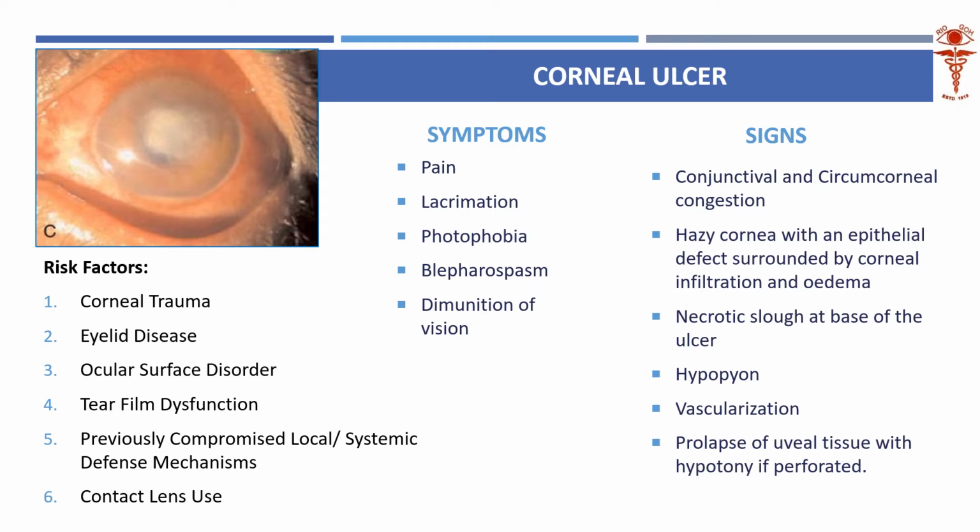One is gonococcus, and another is Corynebacterium diphtheriae. These 2 organisms can penetrate an intact corneal epithelium. They don't need a corneal injury per se to affect the cornea.